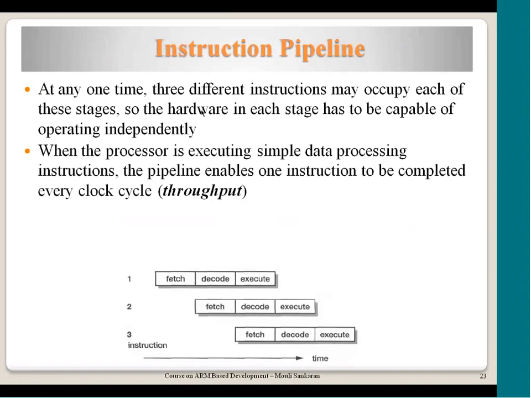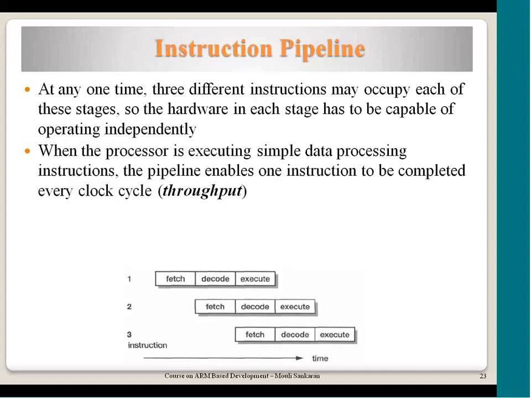Now just to make it easy for you to understand, at each stage 3 different instructions will be in different stages. Once one instruction has flown through the pipeline completely, there will be one instruction here, the next instruction which was there in the memory will be in this decode logic, and the instruction next to that will be in the fetch logic.